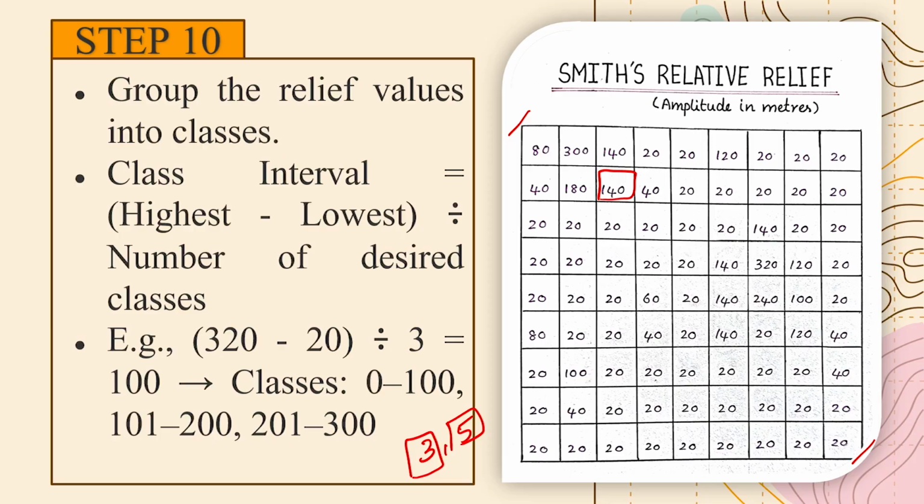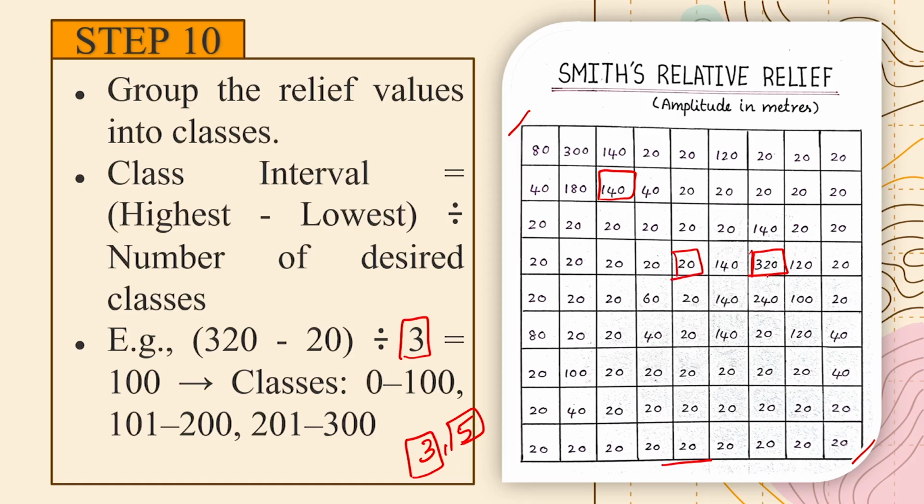So, in order to execute this, we now have a class interval of 3. In order to identify the class interval of this particular graph, we need to sort out the highest elevation value within this range. We have a value of 320 here, and moving on, we need to understand the lowest value as well.